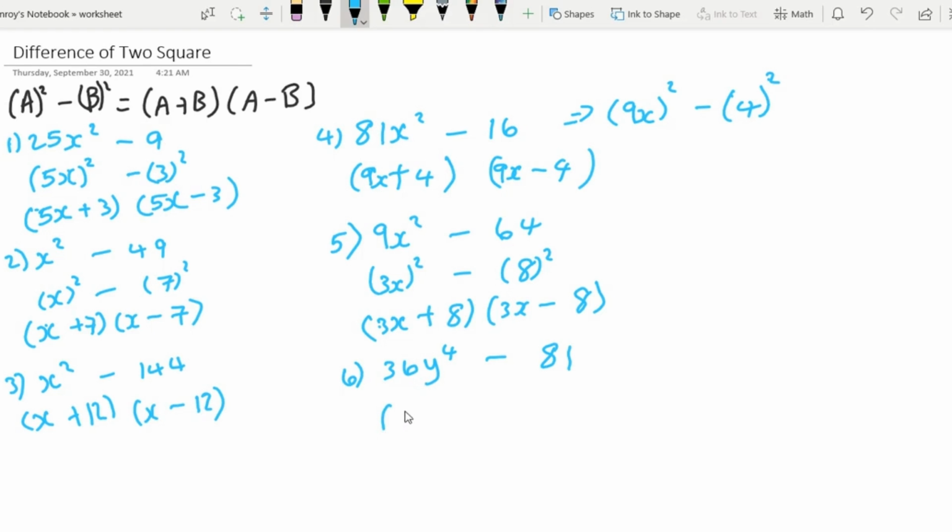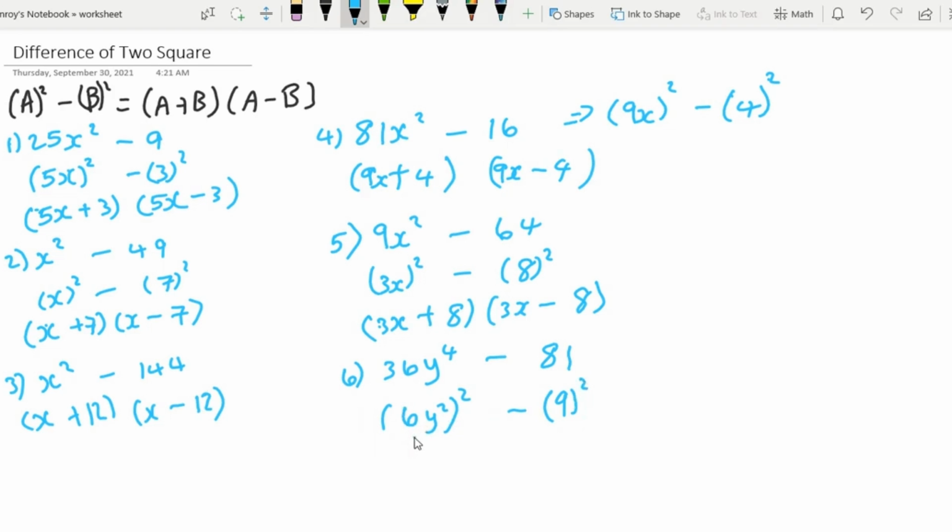The square root of 36 would be 6. 6 multiplied by itself. The square root of y to the 4th, just as saying 4, you know that 2 times itself would give us 4, so we can say y squared all squared. You know, the square root of 81 is 9, so it would be 9 squared, right?